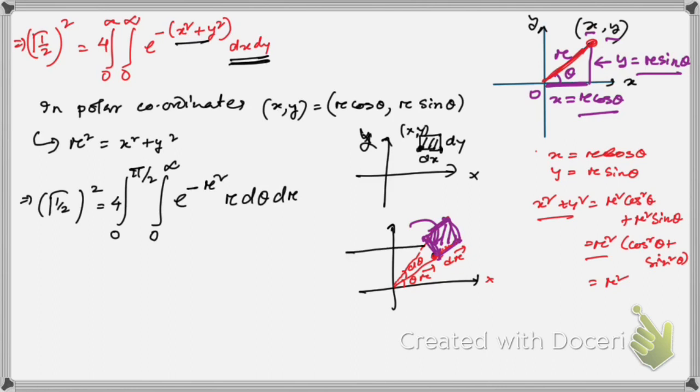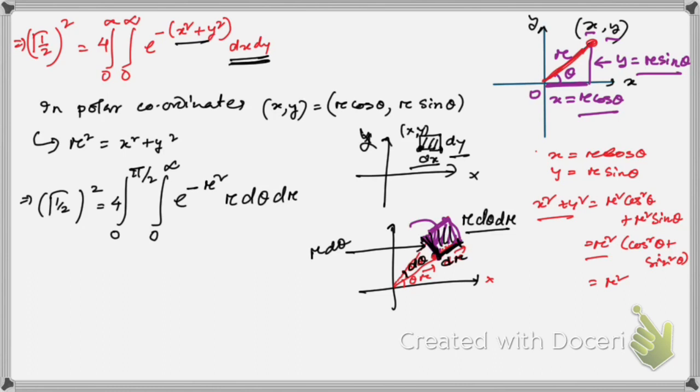So this length is r d theta, as this angle is very small and in radians, and this part is dr. So its area will be given by r d theta dr. That is why in polar form we can write dx dy as r d theta dr. So hope you have understood this.